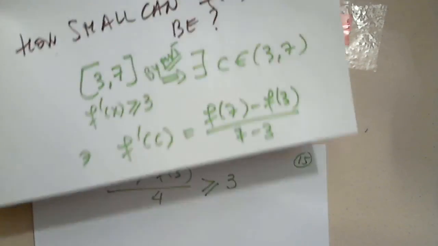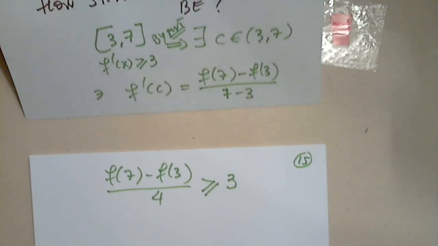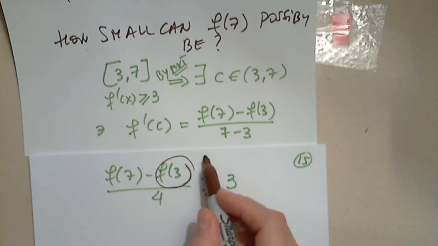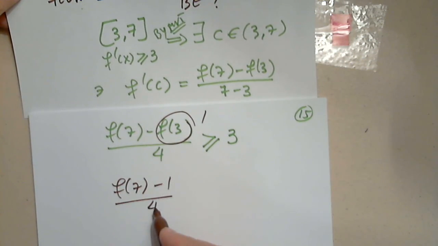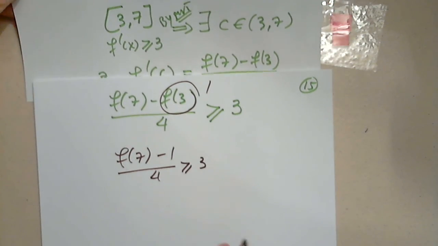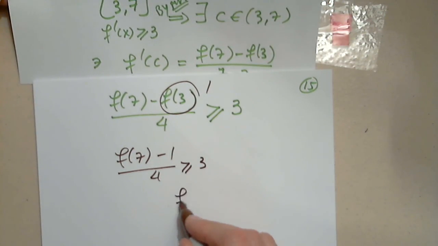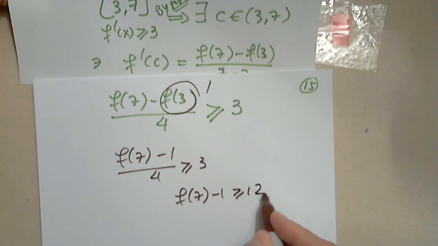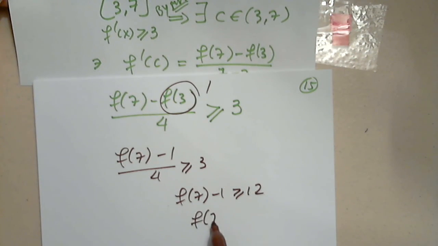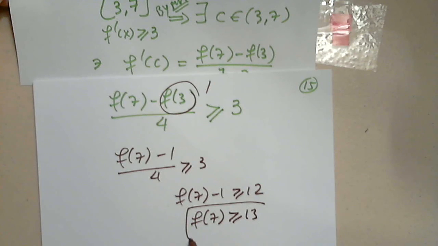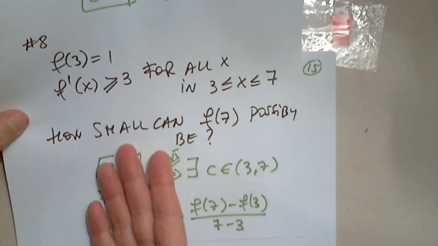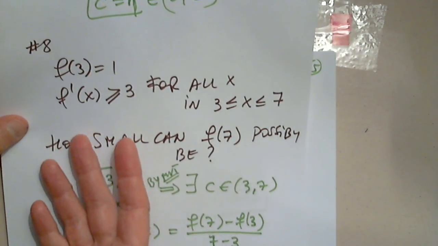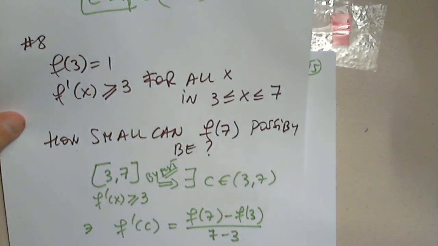I am given that f of 3 is 1. So then f of 7 minus 1 over 4 greater than or equal to 3. Obviously, I will multiply both sides by 4 and move 1. See how many interesting applications of the mean value theorem? So, given the information we have, how small can f of 7 possibly be?